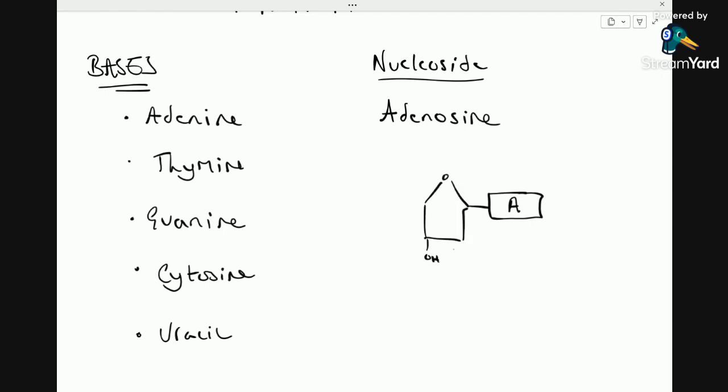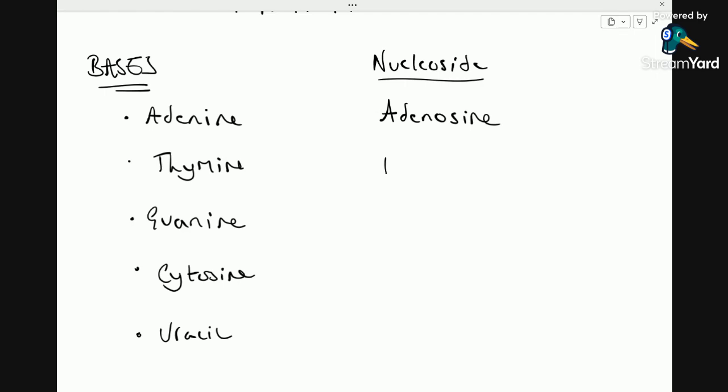So we have 2 hydroxyl groups, so it's not 2' deoxy there. So that whole structure would be called adenosine. If it's the DNA version where we use 2' deoxy, we call it deoxyadenosine. We add the deoxy prefix.